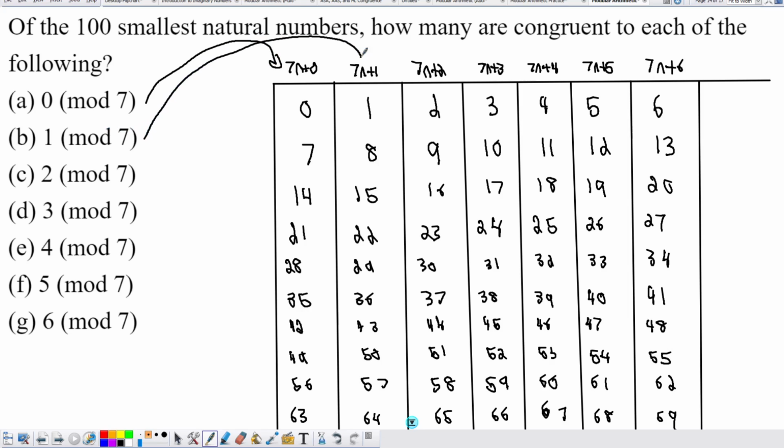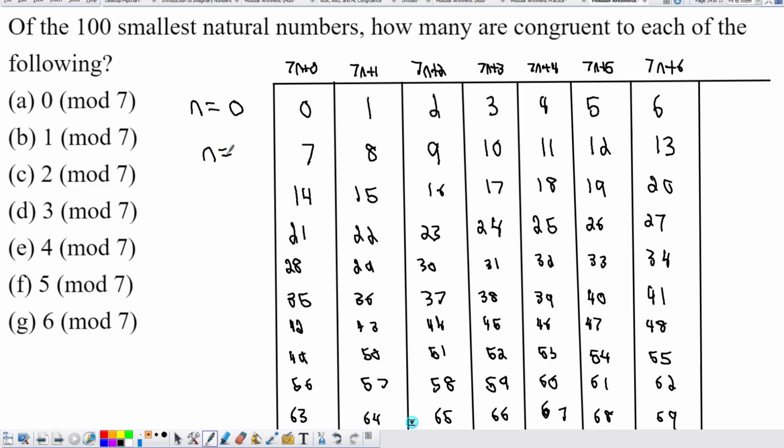Everything in this second is 1 mod 7. They're all congruent. So, we just have to match up the total number of values in each column with the n that we are using. So in our first case, the smallest natural n is 0. And that's how we get all the values in this row. So 7 times 0 plus 0 is 0, 7 times 0 plus 1 is 1, etc.